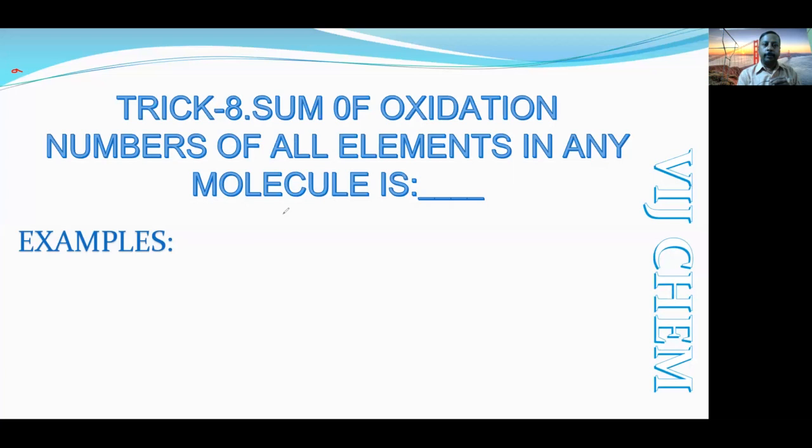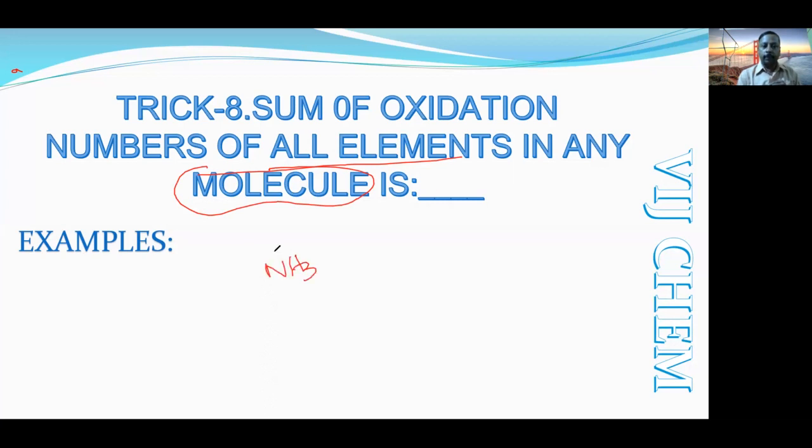Okay. Trick 8. What is trick 8? Sum of the oxidation number of all elements in any molecule. You can take any molecule. Let me take a simple example of NH3.